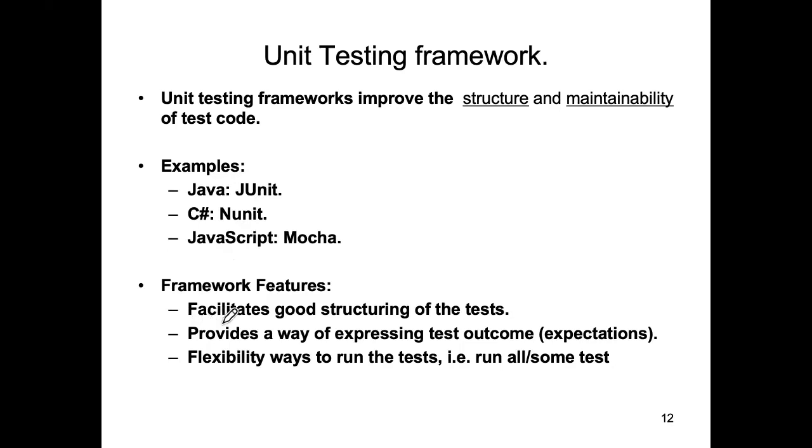They provide a way of expressing test outcomes or expectations, because I said earlier on that when you're thinking about testing a target, you're always thinking about expressing what you expect the target to do in given circumstances and with certain inputs, if you like, because we're testing against the specification. We're writing our tests only with a specification in front of us rather than actual code.